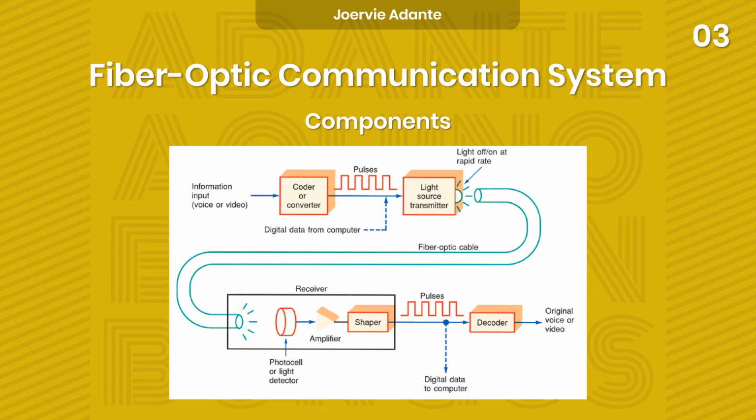Electrical pulses are amplified and reshaped back into digital form. The last step is the D/A converter that acts as a decoder to convert the digital electrical pulses to the original voice or video. In other models, there is an interface between the fiber end and the light source, and between the other fiber end and the light detector.